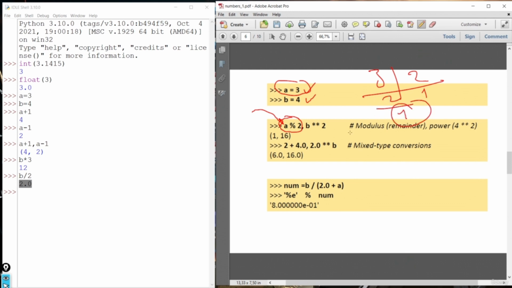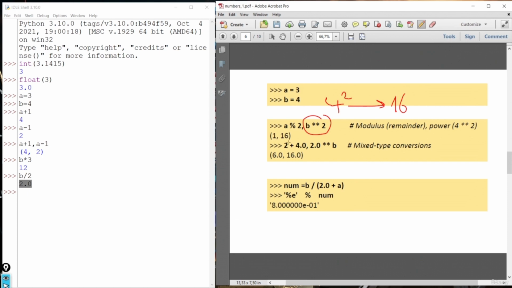That is 1. And here b is integer 4, and we take the second power of b, that is 16. So the result will be 1, 16. And 2 is added to 4. The result is a floating point number.